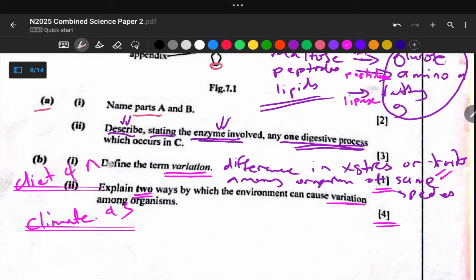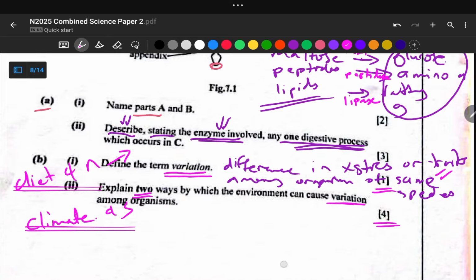So we are going to compare 2 children, one suffering from undernourishment and the one who is well fed. And then we are also going to have climate and temperature. Those who are exposed to intense sunlight are going to have darkened skin compared to those who are living where there are cooler temperatures, right?